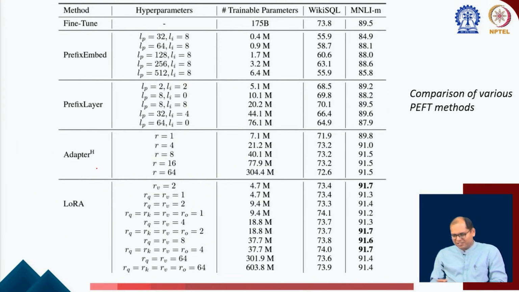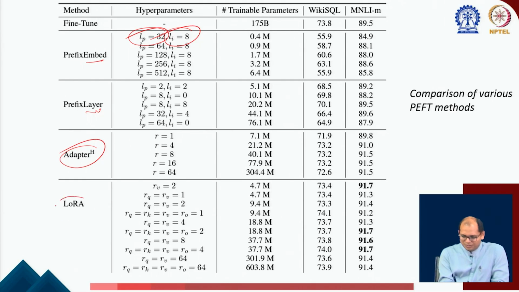And this is a comparison of the number of parameters in various PEFT methods. You can use prefix tuning with just the embedding, and prefix tuning with the layers. So what you need is the prefix and infix. You can use adapters or you can use LoRA, and we worked out these particular parameters.